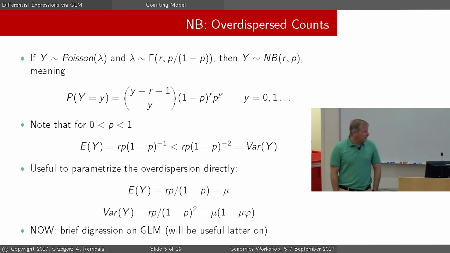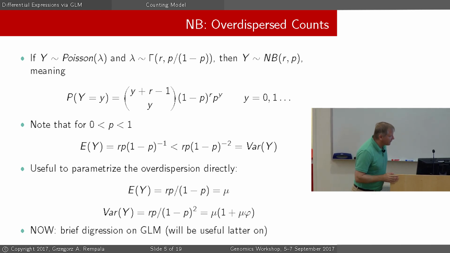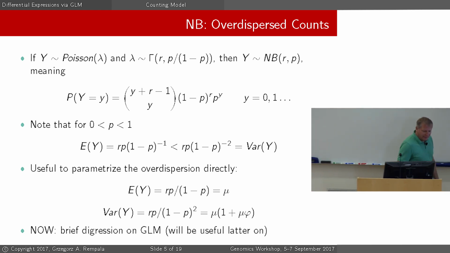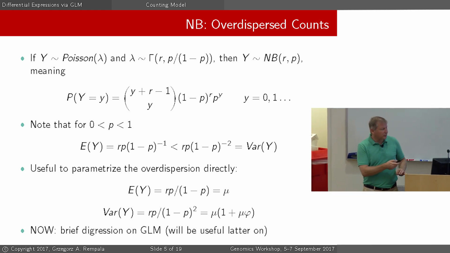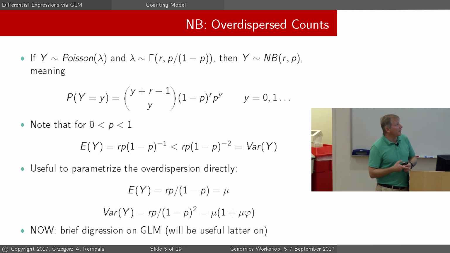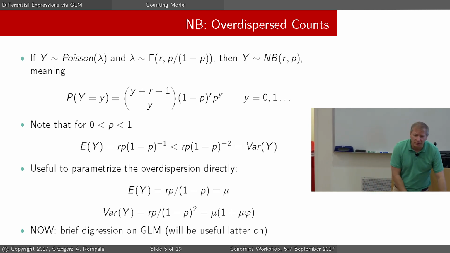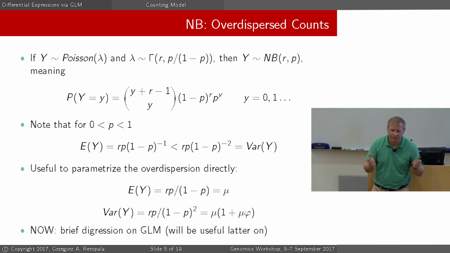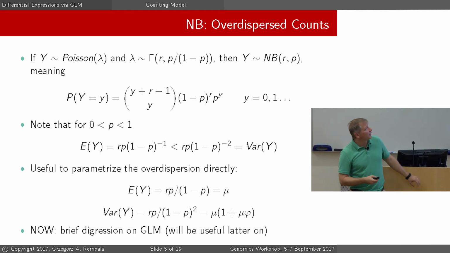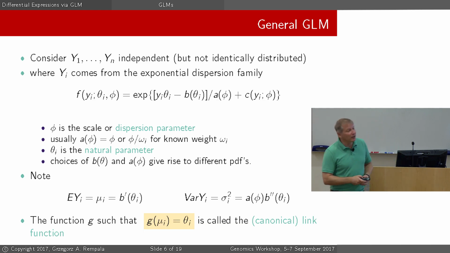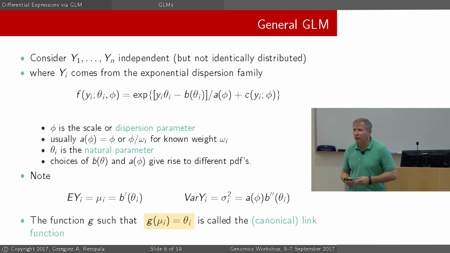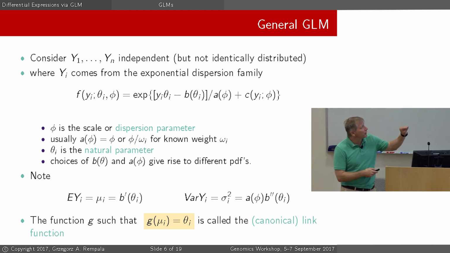So the idea of a GLM is that I have a very special type of distribution. This distribution is called an exponential family. It turns out that lots of distributions that we see in real life, maybe it's not immediately obvious, but many of the discrete ones, for instance the Poisson distribution, as well as the binomial distribution, the normal distribution and the gamma distribution, can all be written in the form of this exponential family, or exponential dispersion family.